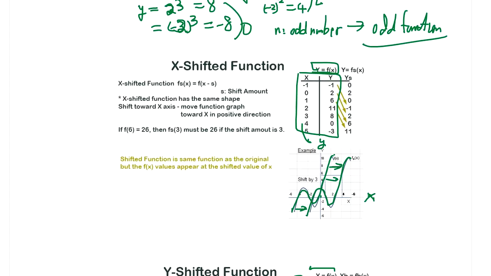Okay, the shifted f of x, this means, okay, this value x gives f_s(x), and since it's shifted, x minus s gives the same value.